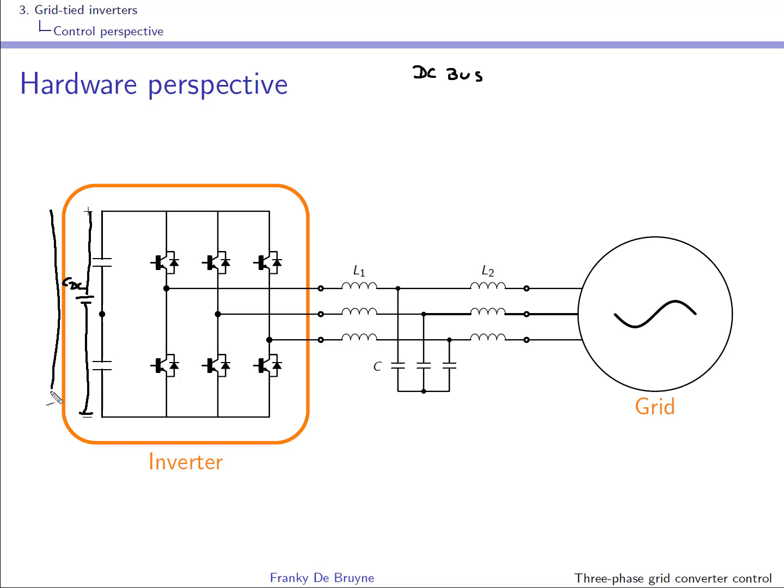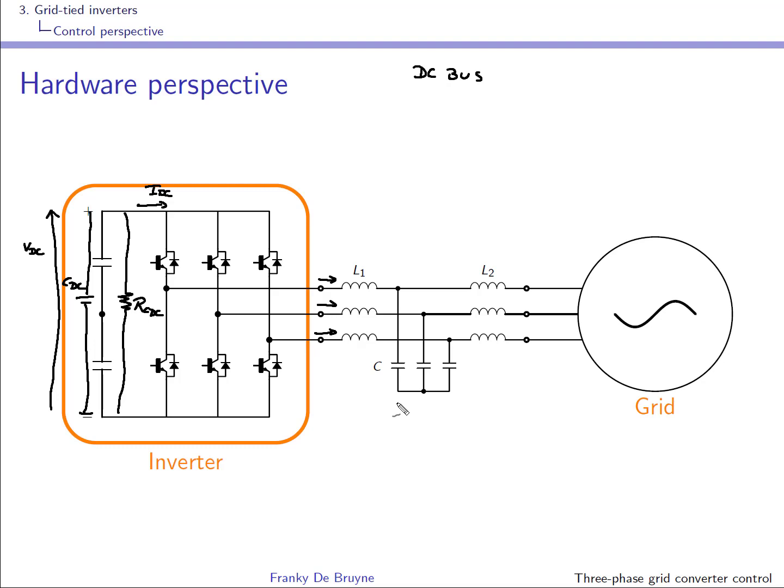The voltage is measured and is available, it's V DC, and we'll assume there is a resistor in parallel because this capacitor is not ideal, and we'll call it RC DC. We'll define a current IDC leaving the DC bus, just as the currents are defined positive when leaving the inverter.